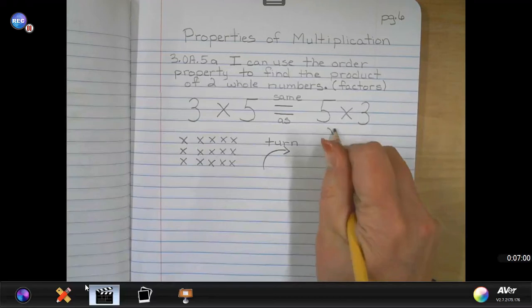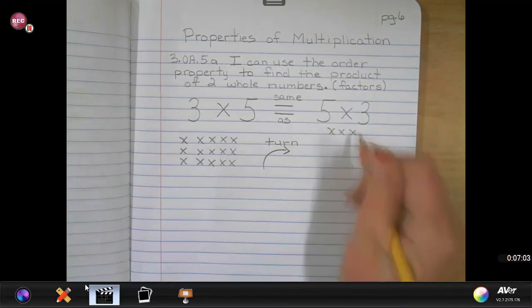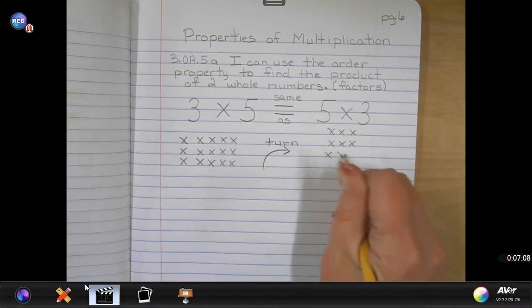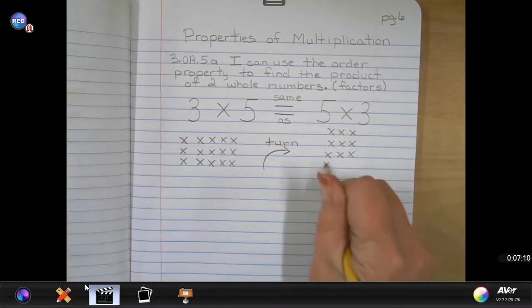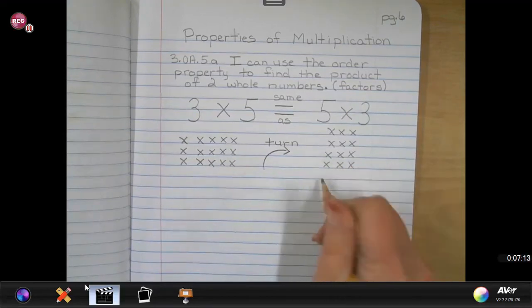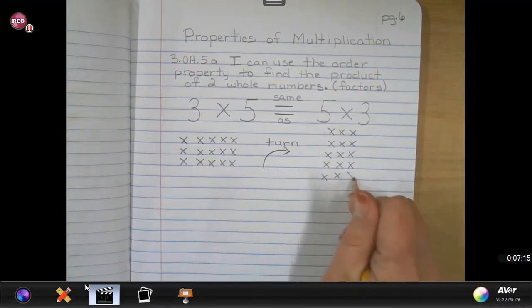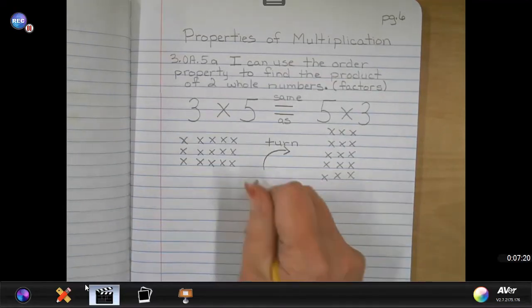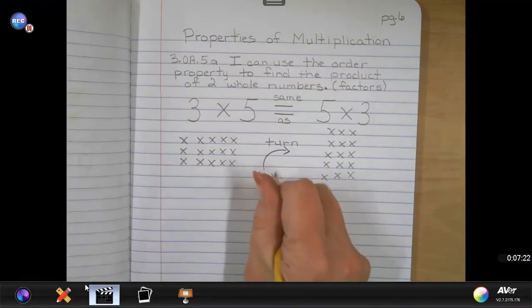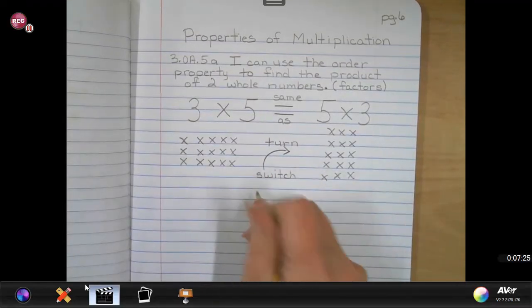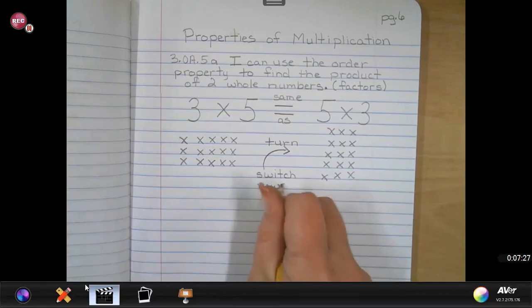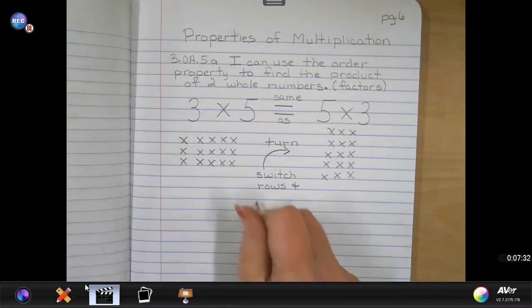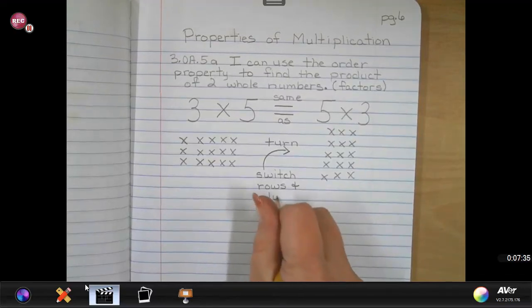So if we turn this array, we are now going to have 5 rows of 3 instead of 3 rows of 5. So we switch rows and columns.